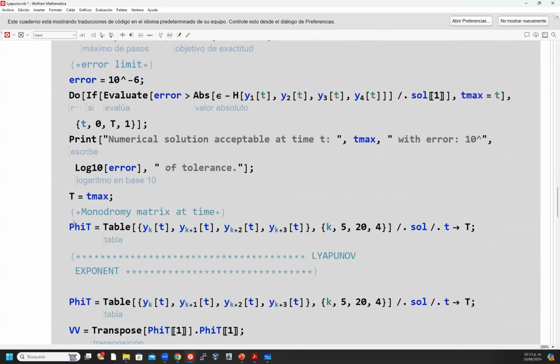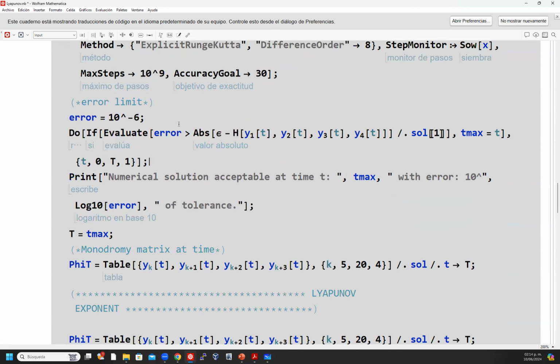And here I calculate the monodromy, because it's given by variables 5, 6, 7 to 20, all at time t. It is my infinite time in one sense. Which is not 5,000 anymore, it became T-max, right? Yes, it's T-max. If the numerical solution is fine, maybe it's the same, but it depends.